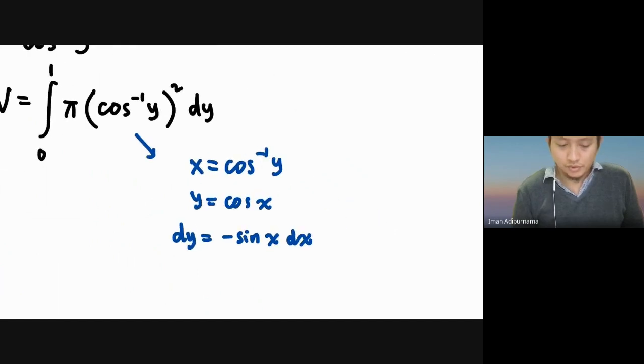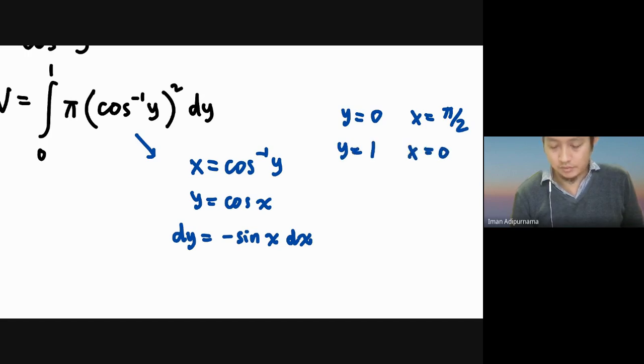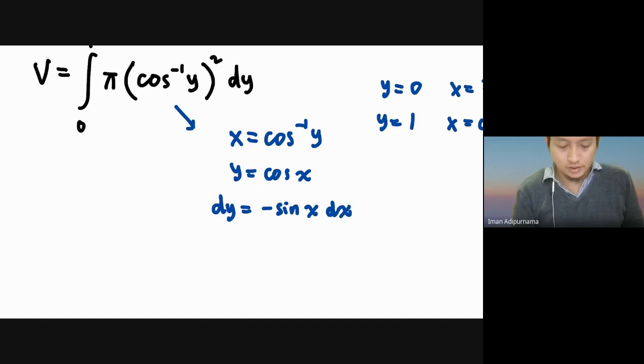So when we do the substitutions, basically we are going to convert back to x, but with a different pattern. So when y is 0, then x is pi over 2. When y is equal to 1, then x is equal to 0, right? So we are having the volume from pi over 2 to 0.